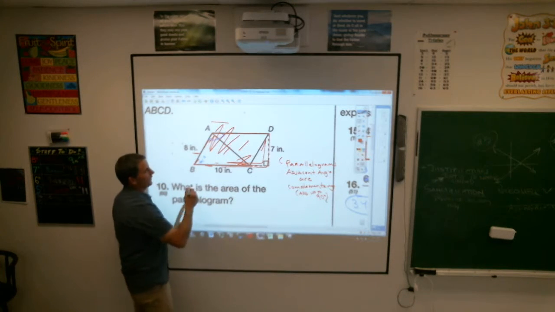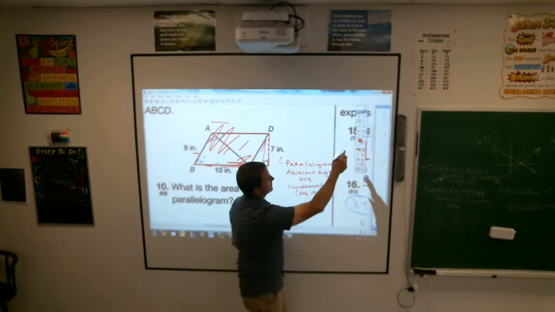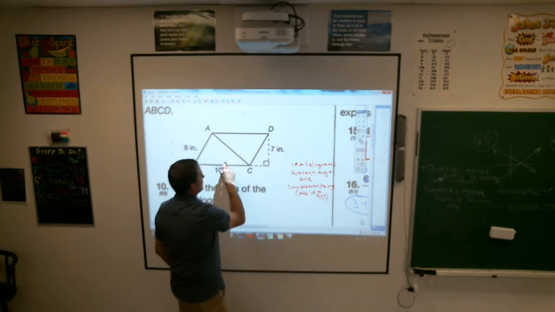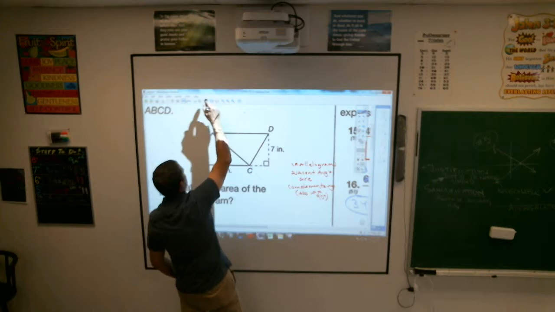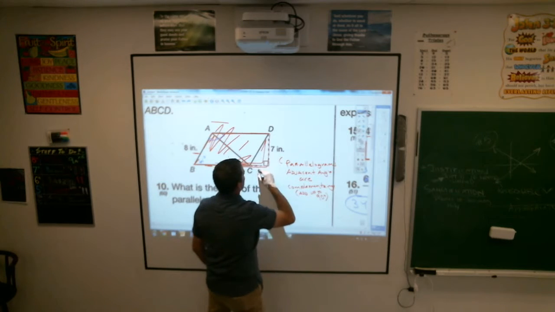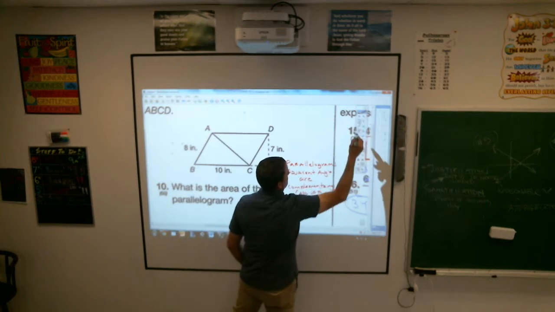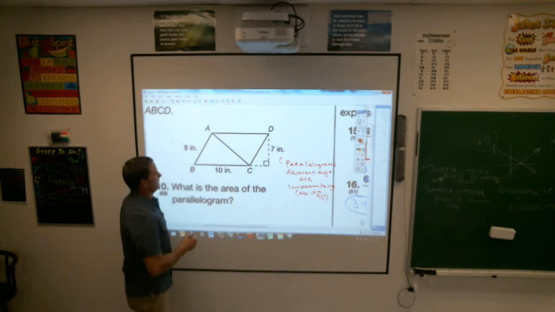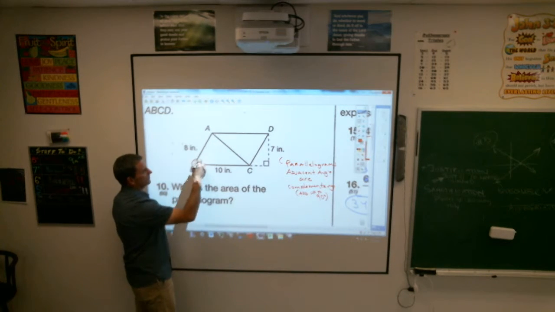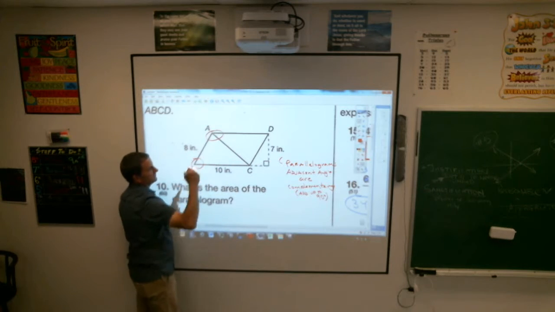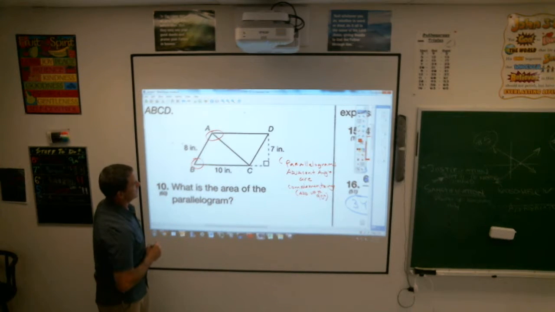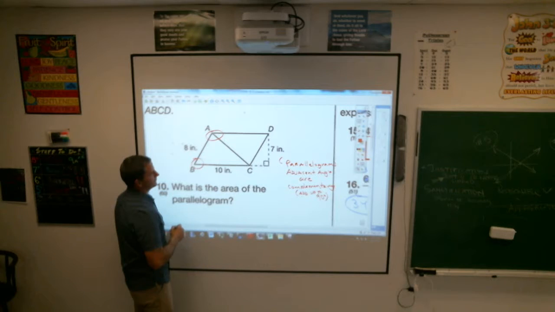If you look at this parallelogram, adjacent angles mean this angle and this angle are adjacent. And it said angle B was what?